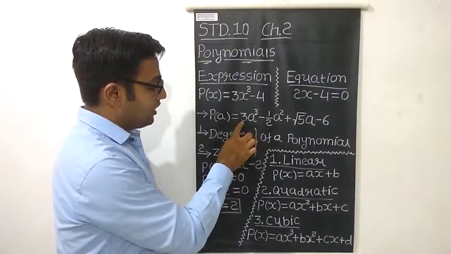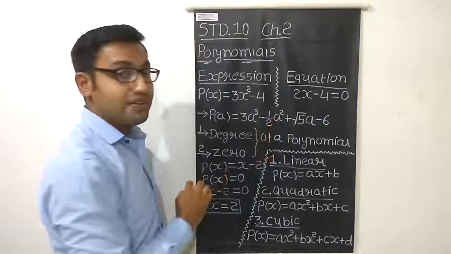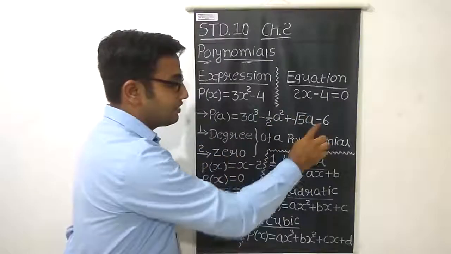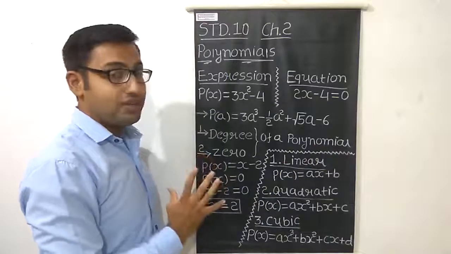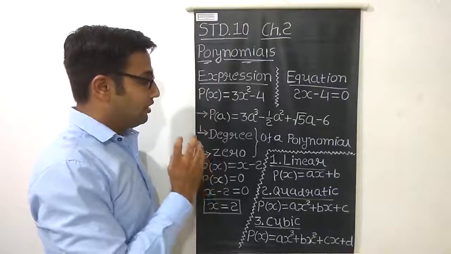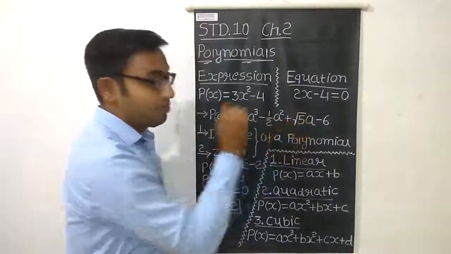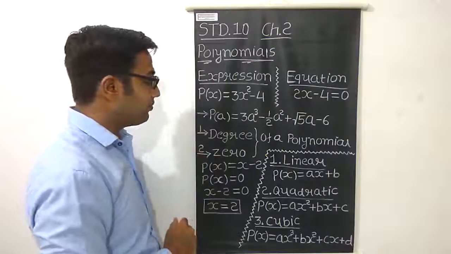This 3 is the coefficient of a cube, minus 1 by 2 is the coefficient of a square, root 5 is the coefficient of a, and 6 is a constant. The coefficients of the variable are either rational or irrational numbers. They can be any real number.